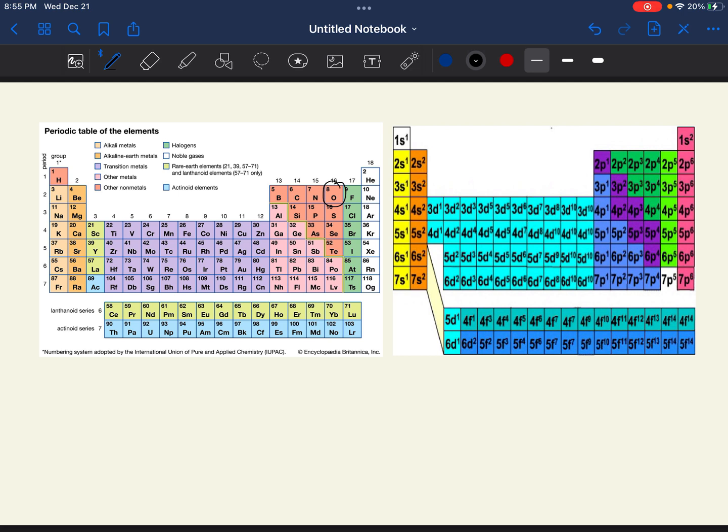So we're trying to find the electron configuration of oxygen. So we would look and see which subshell correlates with oxygen. So that would be the 2p4. But we can't just write 2p4 as our electron configuration.